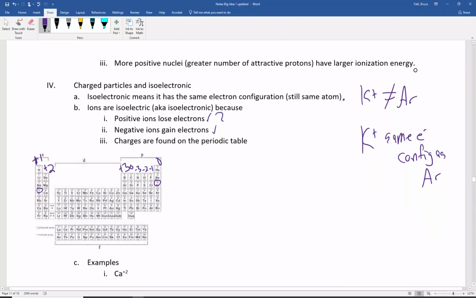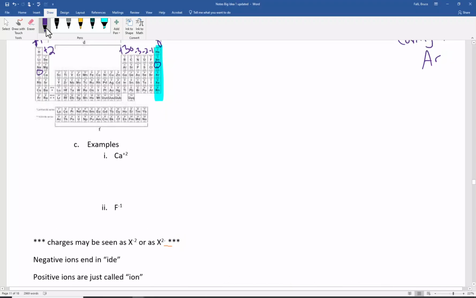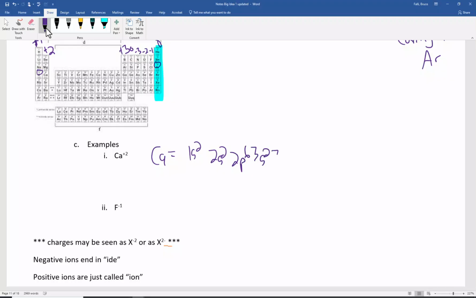So most often they are isoelectronic with a noble gas. And the noble gases are these blue ones right there. Okay. So examples, calcium +2. Calcium is, from what we did before, 1s2, 2s2, 2p6, 3s2, 3p6, 4s2.